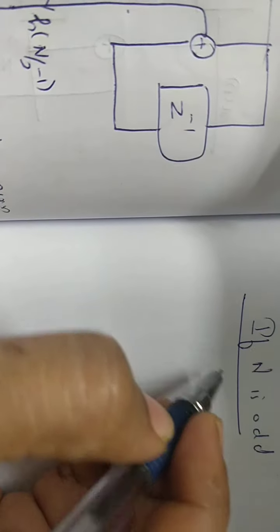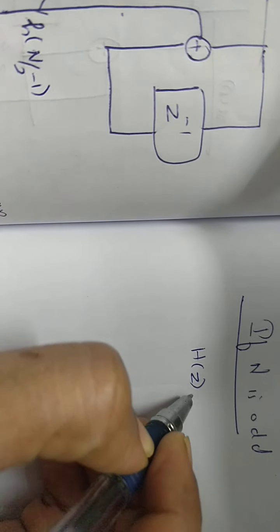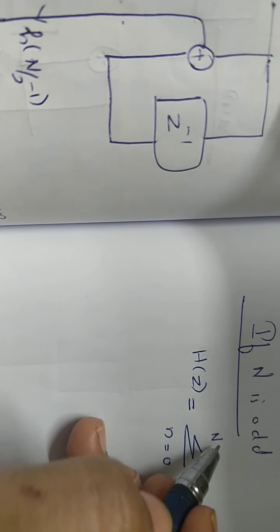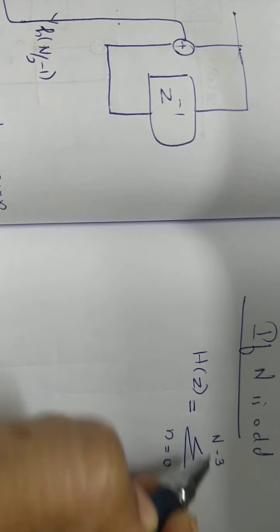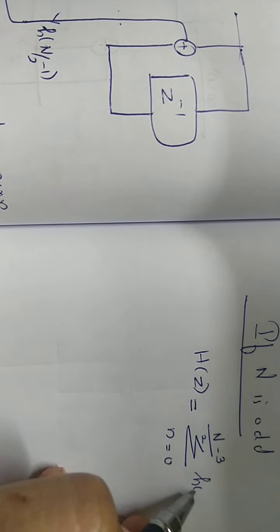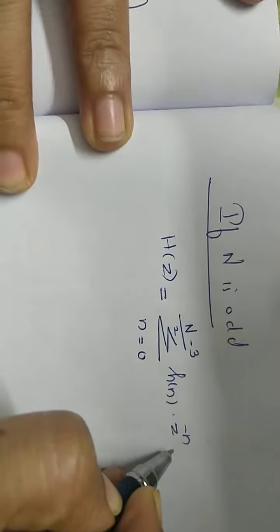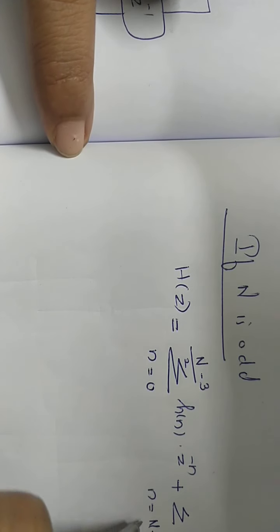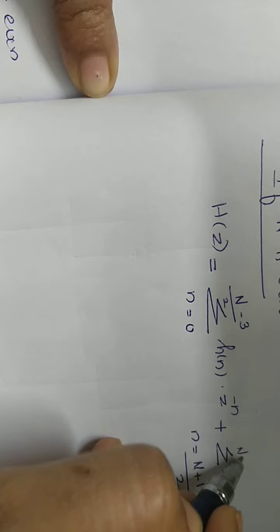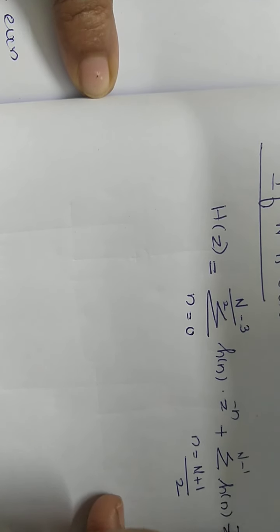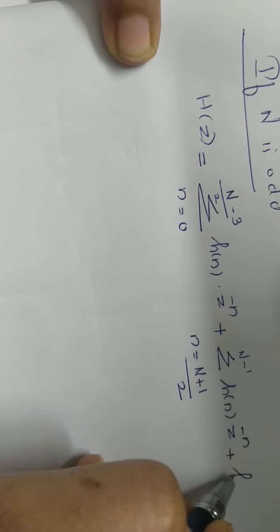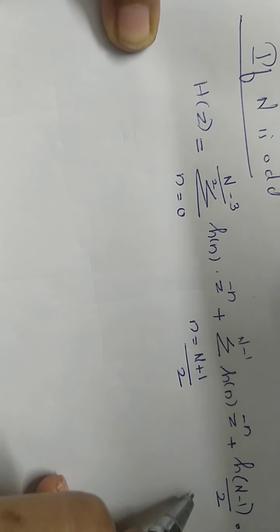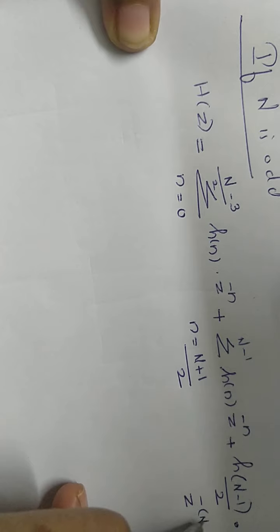If N is odd, then we will rewrite the H of z equation as H of z is equal to sigma n is equal to 0 to (N minus 3) by 2 of h of n z raised to minus n, plus sigma n is equal to (N plus 1) by 2 to N minus 1 of h of n z raised to minus n, plus h of (N minus 1) by 2 into z raised to minus of (N minus 1) by 2.